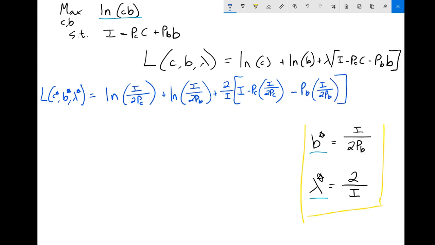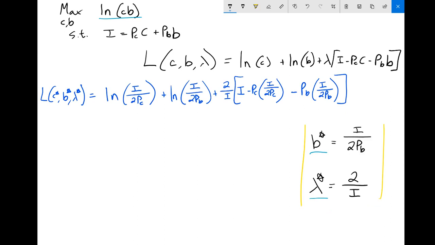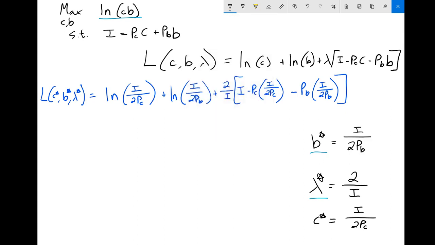Okay, so all I've done is I plugged those optimal values into the function. I'm going to rewrite my c down here. Okay, so what I've done here is I've now plugged my optimal values in.